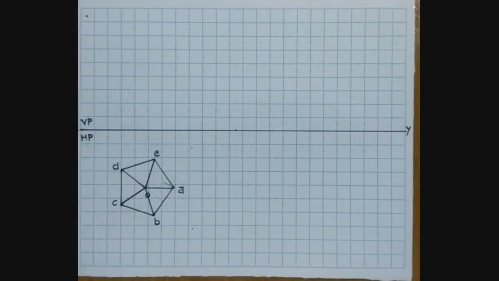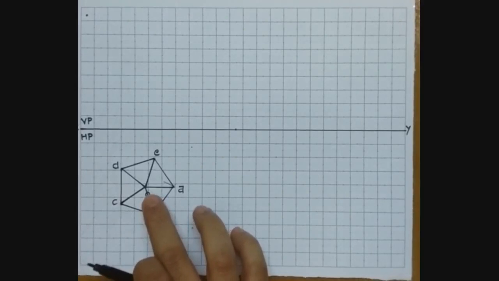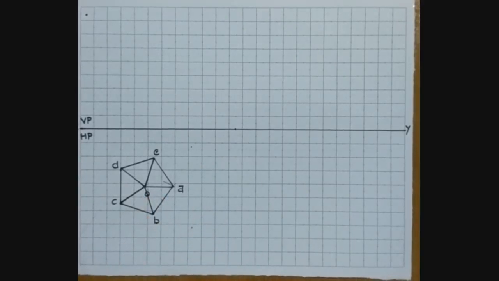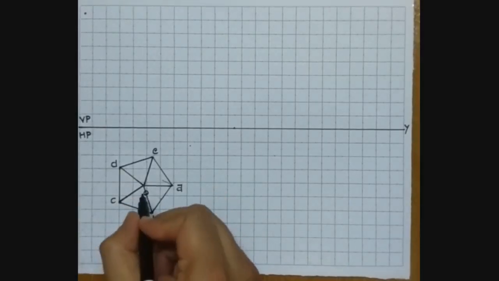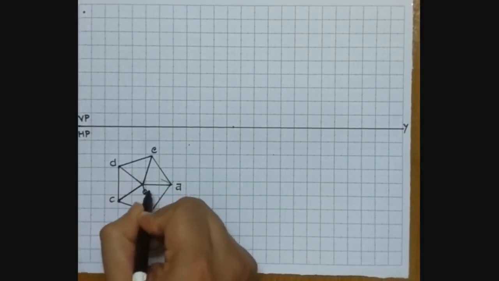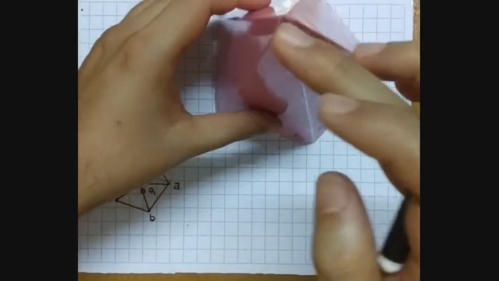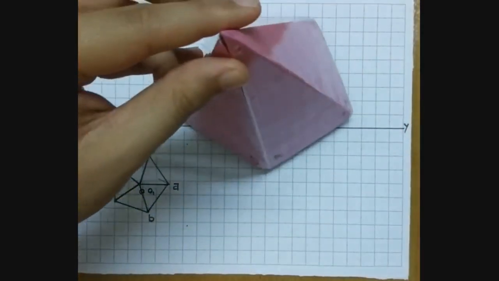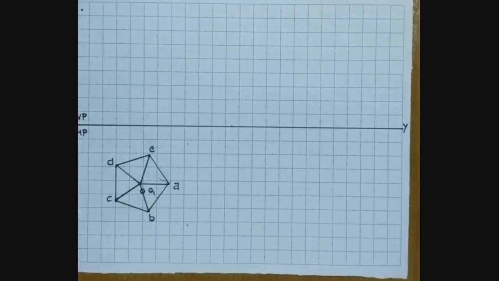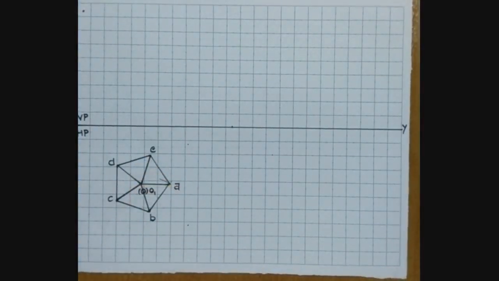Since the axis has two endpoints, one at the apex and the other at the base, I have named the base point as O, and I am going to name the apex point as O1. Looking from the top, O1 will be visible, and O, which is at the base of the pyramid, will be invisible, so I am going to place it inside a bracket.